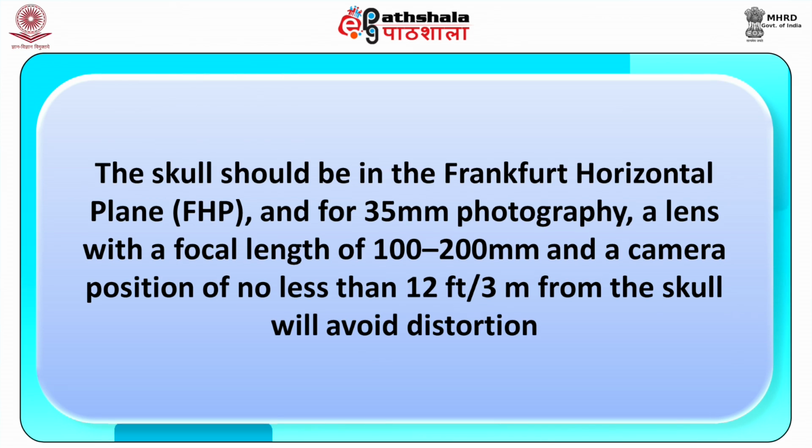Ideally, the skull should be in the Frankfurt horizontal plane or the FH plane, or better known as FHP. And for 35 mm photography, a lens with a focal length of 100 to 200 millimeters and a camera position of no less than 12 feet or 3 meters from the skull will avoid distortion.